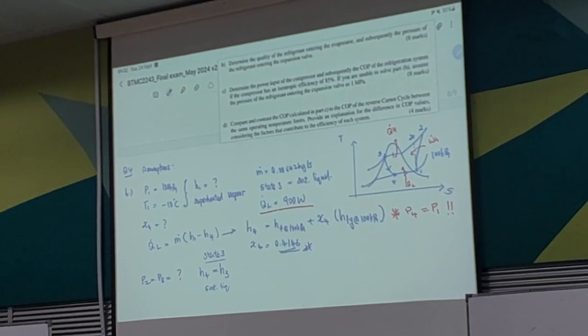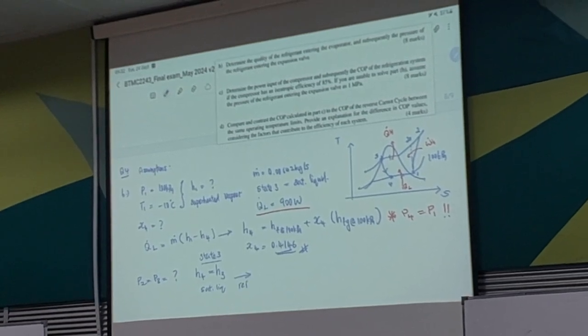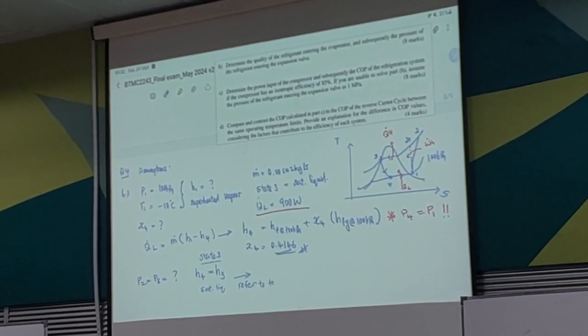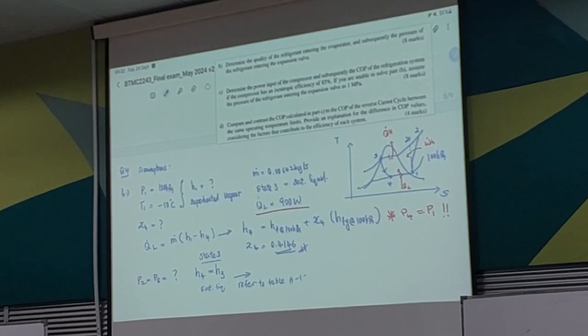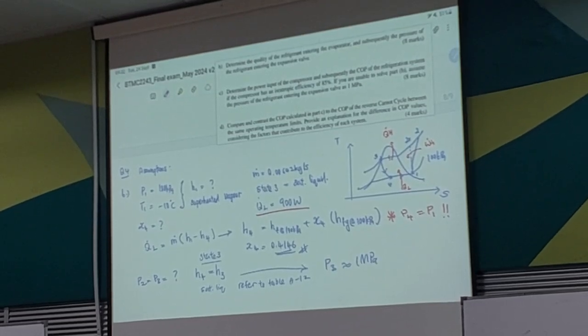So from here, you can refer to table A12. You will get P3. And this value, I designed it very nicely. It should be very near 1 megapascal.